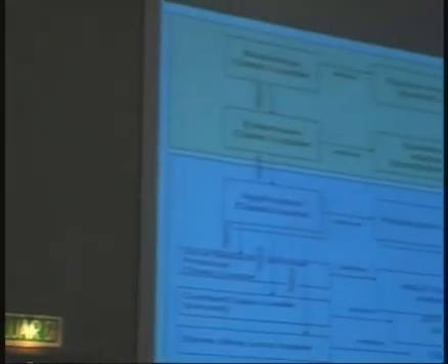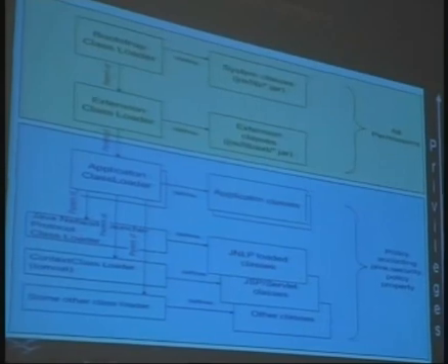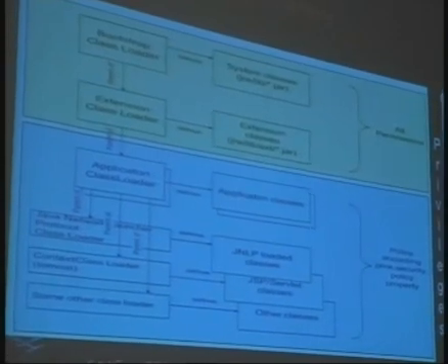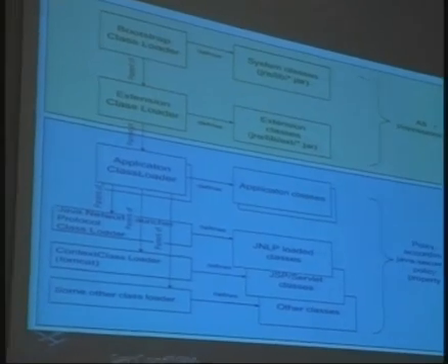So this is the security architecture of the class loaders and the protection domain. You see there are privileged classes, which are loaded from the bootstrap class loader and from the extension class loader. They have a parent relationship, and they are on the top.